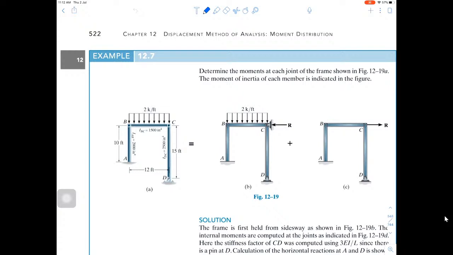So I want to use this frame to do an example.